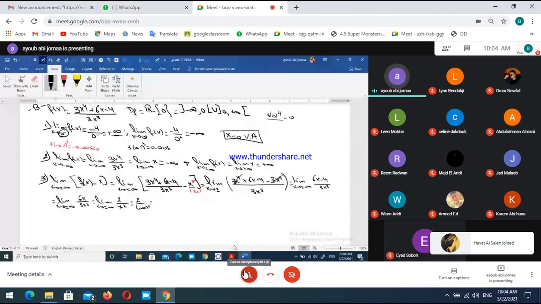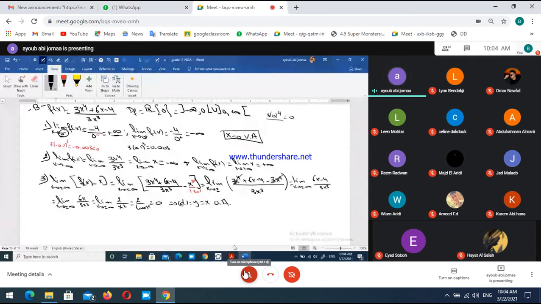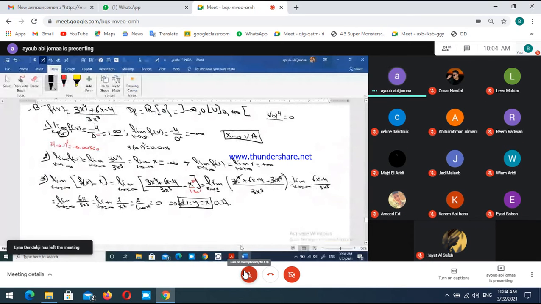It means that the straight line d of equation y equal x is an oblique asymptote. To repeat again, f of x minus x, with the line of equation y equal x. So f of x minus x, take common denominator, multiply here by 3x power 3, so you get 6x minus 4 over 3x cubed.